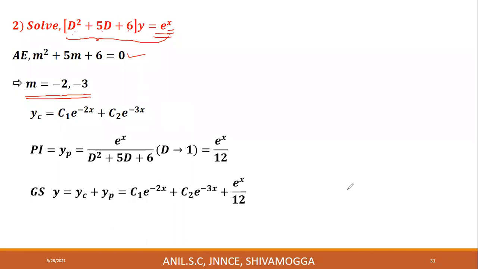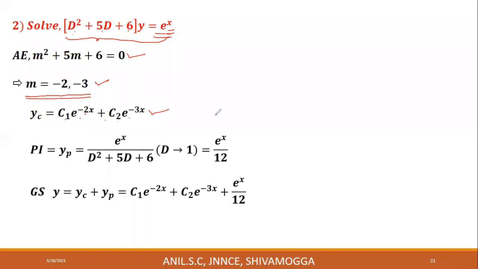Now write the complementary solution. Corresponding to these two roots, they are real and non-repeated. Therefore, rule number 1 is applicable. yc is equal to c1 into e power minus 2x plus c2 into e power minus 3x.